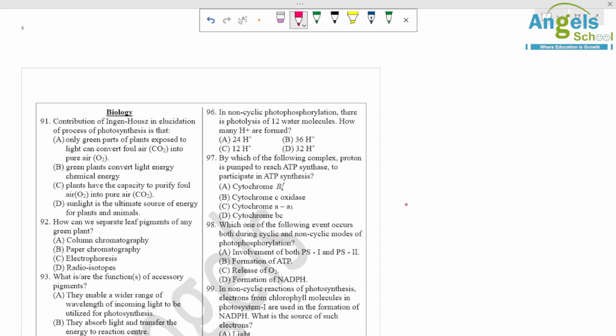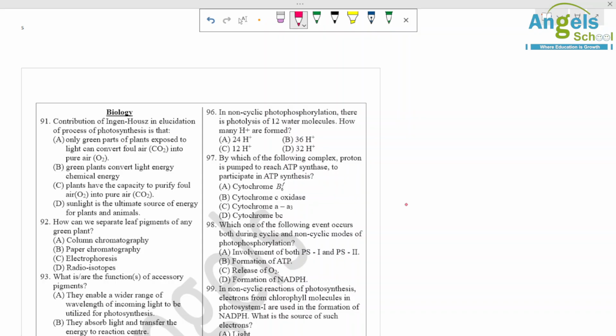Option B, green plants convert light energy into chemical energy. Option C, plants have the capacity to purify foul air into pure air, that's oxygen into CO2. And option D, sunlight is the ultimate source of energy for production for plant and animal.